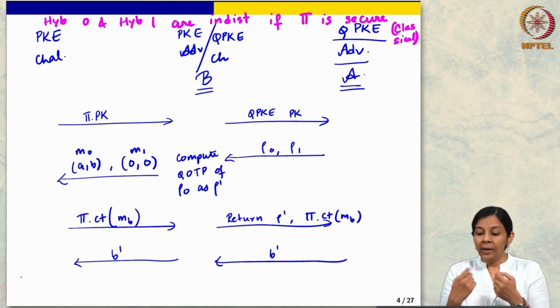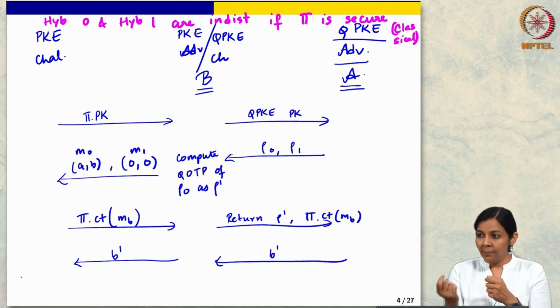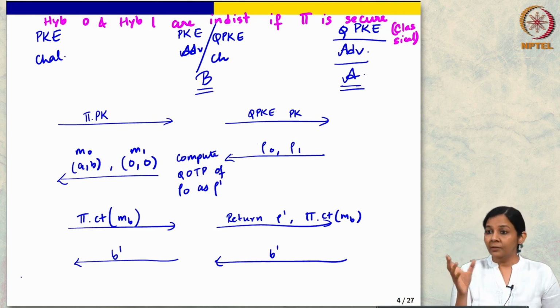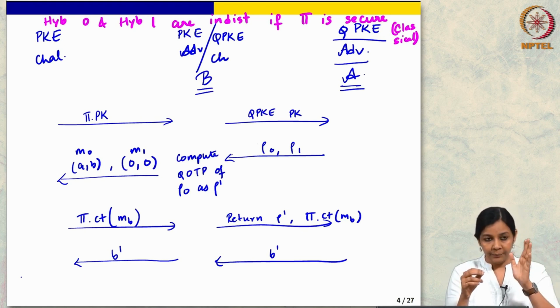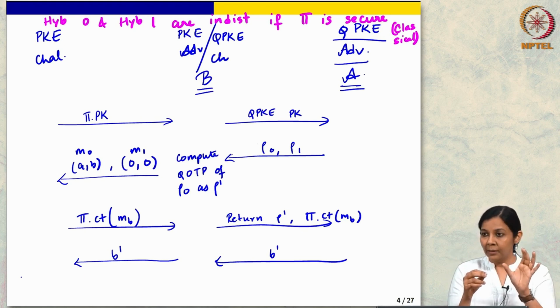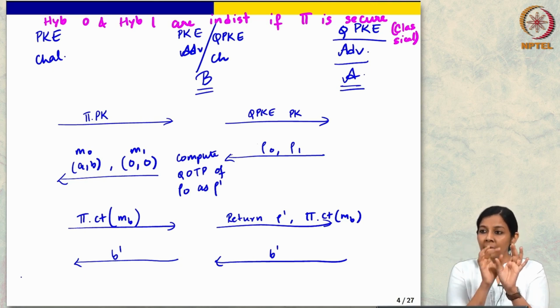Even when I replace the encryption of AB with 0 0, I am changing the distribution. Now my pi encryption is no longer encrypting the AB that are sitting inside the QOTP.